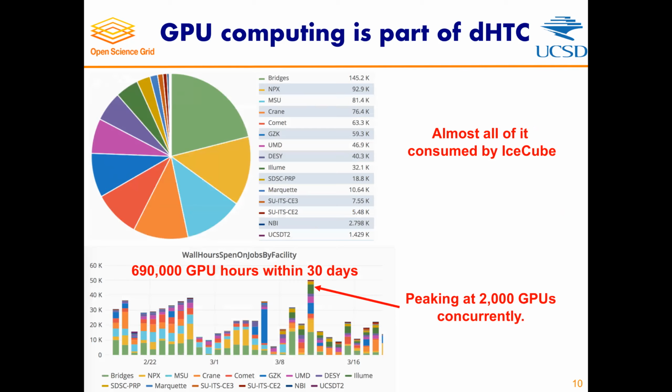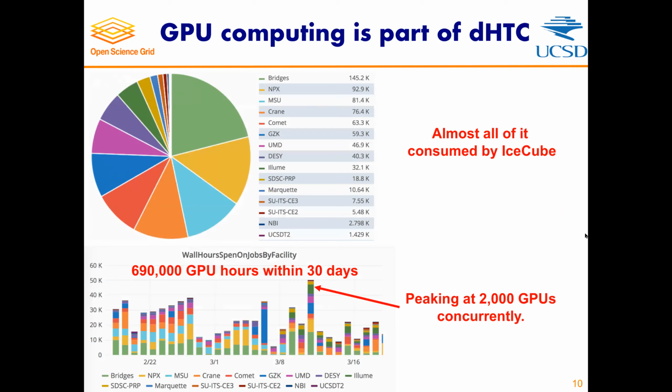We have a large variety of different GPUs, basically anything you can imagine, from gaming GPUs to V100s, accessible via OSG. Again, if your requirements are minimal, in other words, if you can work with single precision gaming GPUs, you're going to find a lot more on OSG than if you require V100s.